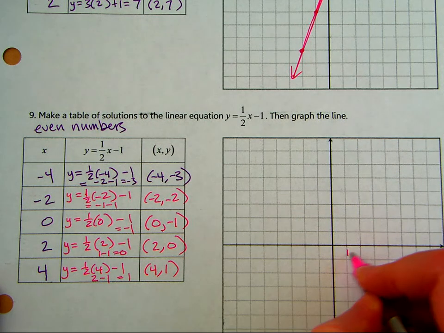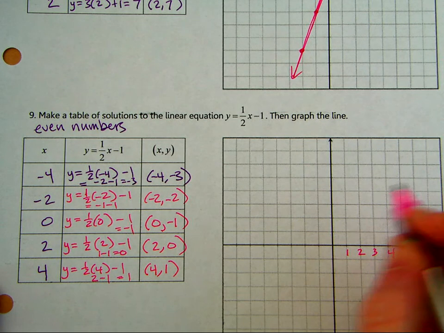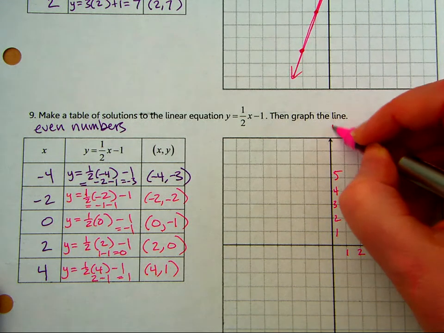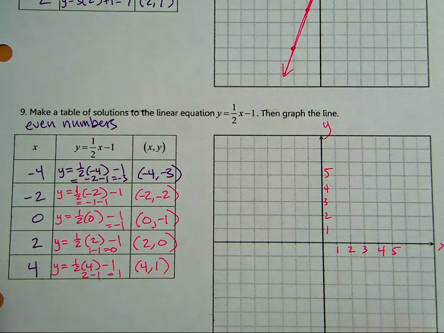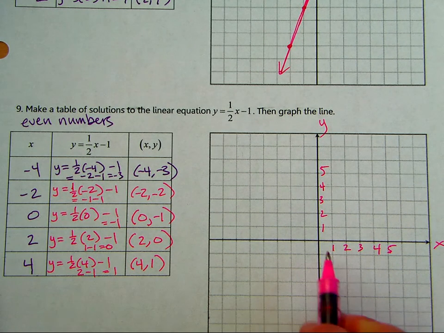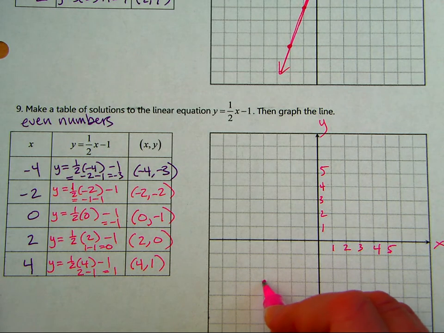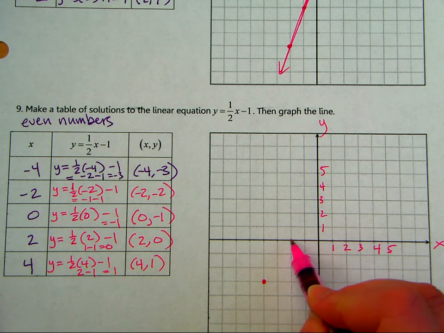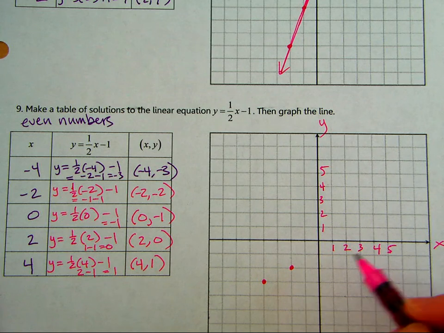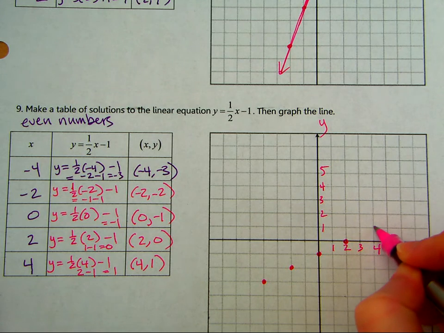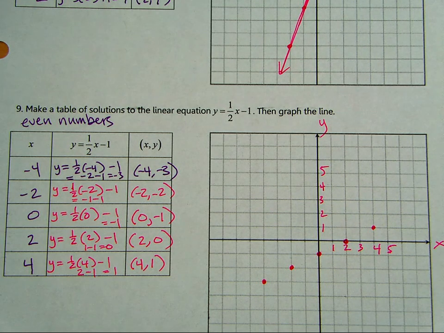So label my scale and my axes. -4, -3. -2, -2. 0, -1. 2, 0. 4, 1. Okay, looks like we did it right because they're all in a straight line.